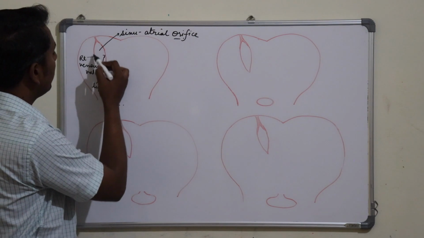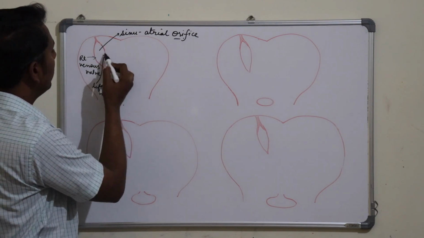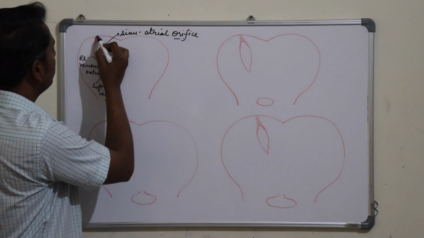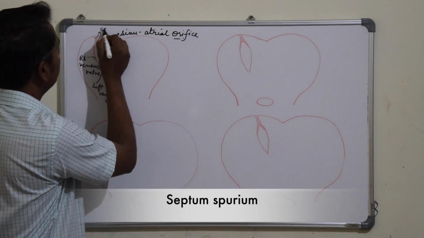The right venous valve and the left venous valve together join cranially to form the septum spurium.